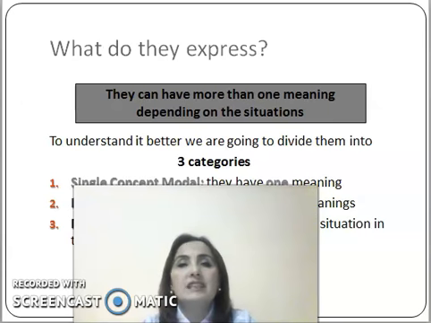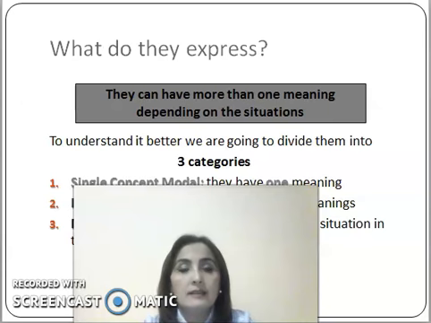What do modal verbs express? Why do we use them in a sentence? Isn't it possible to express the meaning of our idea without the modal verbs? Now we will look through it together. They can have more than one meaning, depending on the situation.